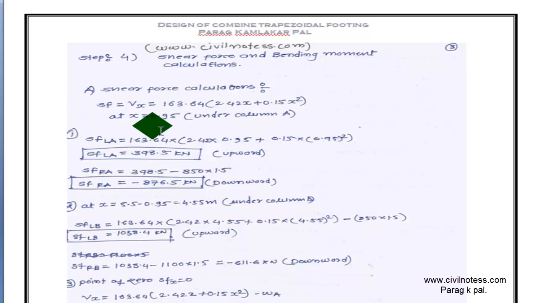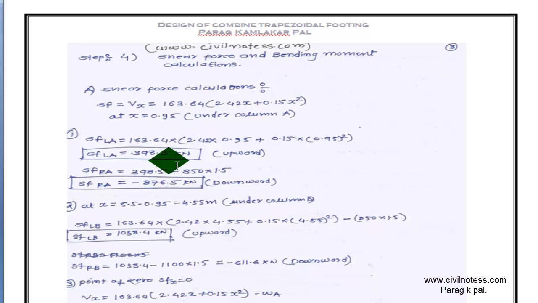First we calculate the shear force at 0.95 under column A. Put x as 0.95 in this equation and you get the shear force at the left of column A. If you want the shear force at the right of column A, take the load coming, 850 working load multiplied by the 1.5 load factor, minus the shear force at left A. It is minus because this load acts in the downward direction.